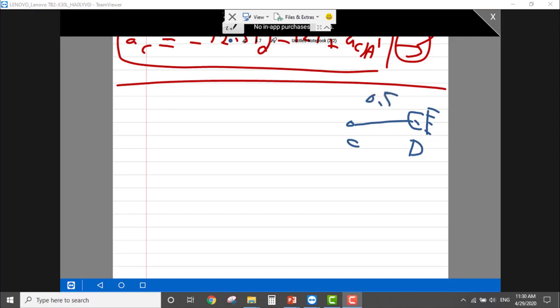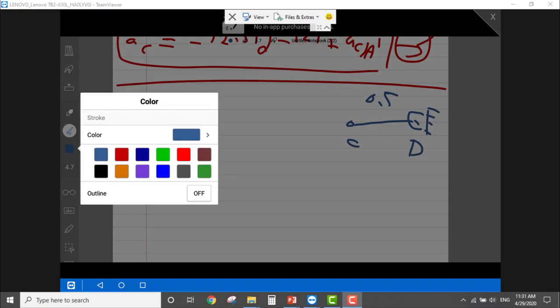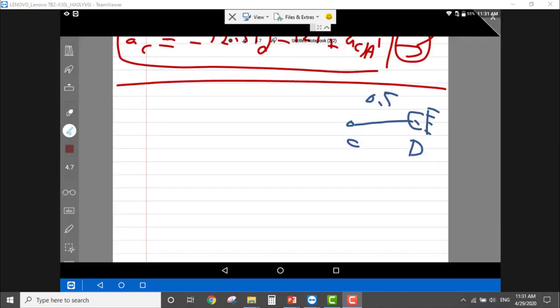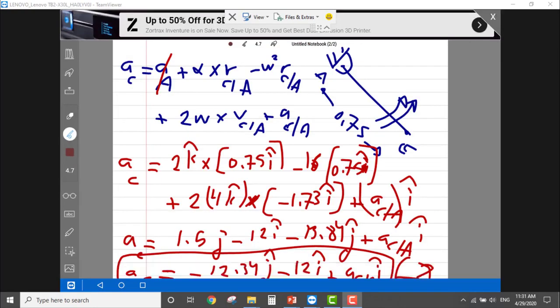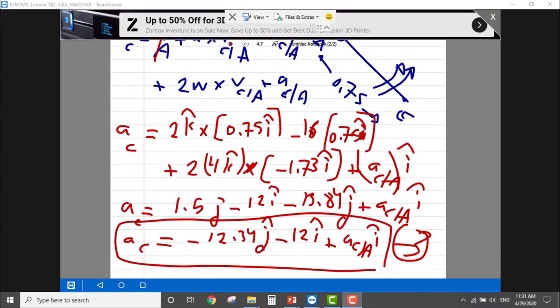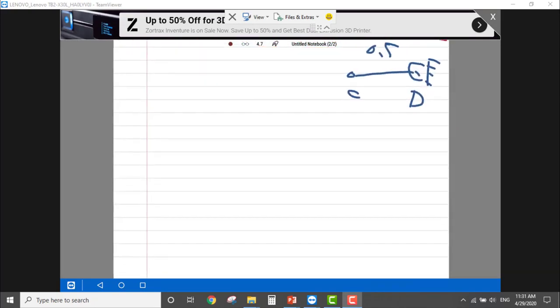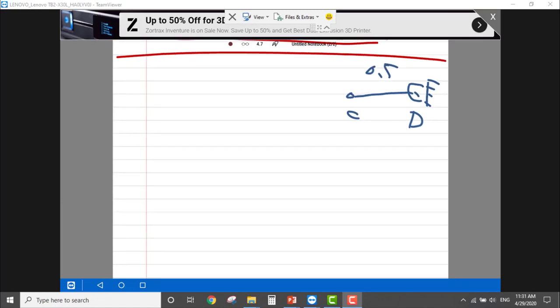If we want to benefit from the inclined coordinate system we found earlier, this length is equal to, I think it was 0.25.